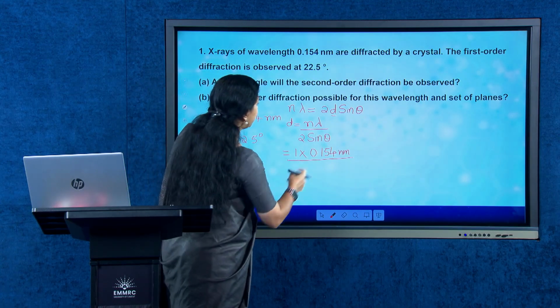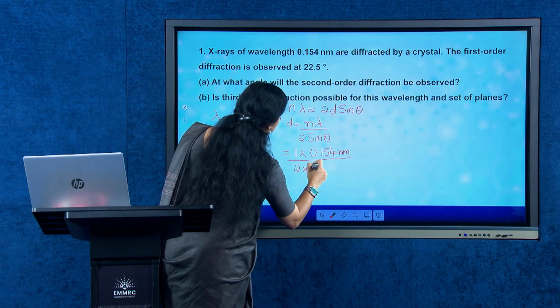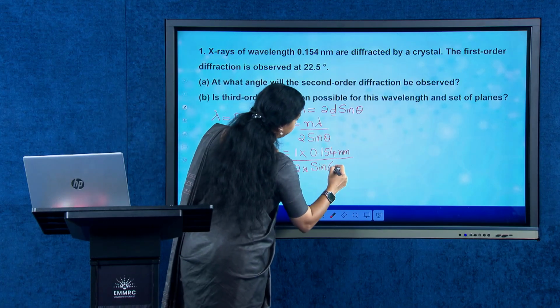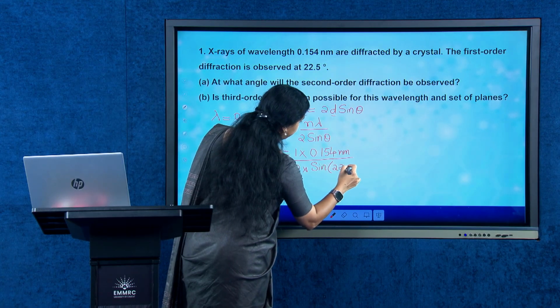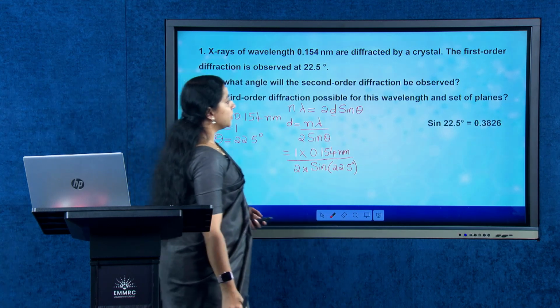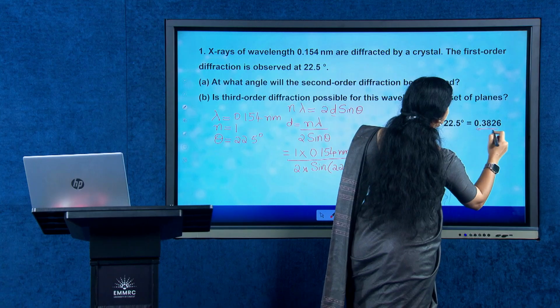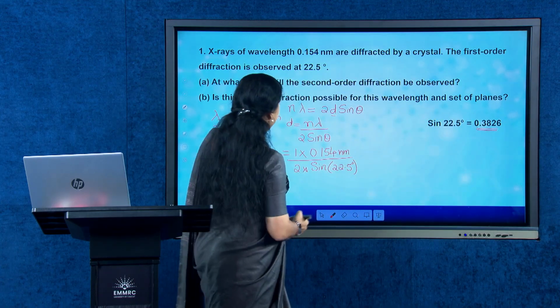So, 1 into 0.154 nanometers divided by 2 into sin 22.5 degree. Sin 22.5 degree is 0.3826. So, let us substitute the value.